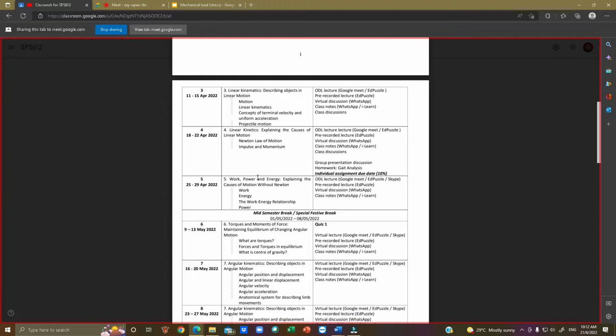So now we are going to look at what kinds of forces are always subjected to our body. What type of forces?